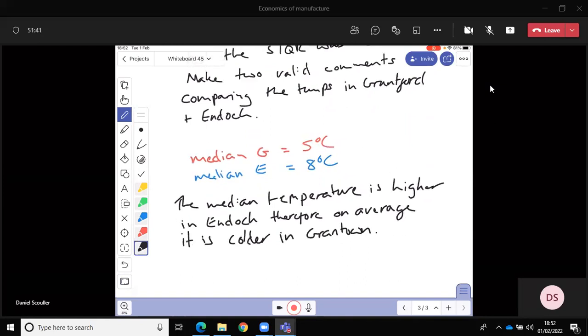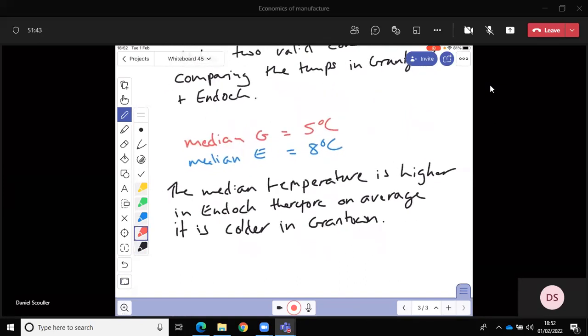Okay, now that word is key. Don't just say the median is higher in Endok. You need to state the median what: the median temperature is higher in Endok, therefore on average. You need to refer to the question and show the examiner you know the median is an average.